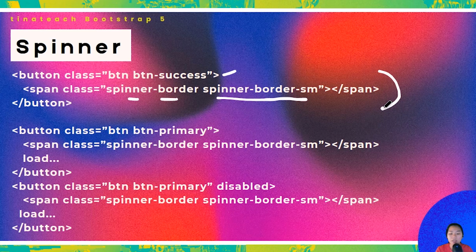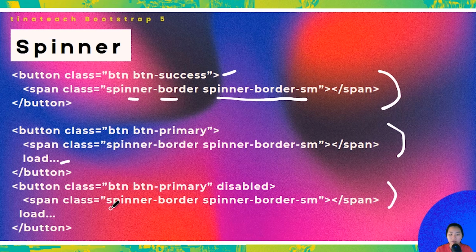But I have many different varieties of the spinner, and we're going to go through them, and then we'll move on to demonstration. Now, button class, you already know this. Span class, spinner, border, small. And then we have a text load down here.